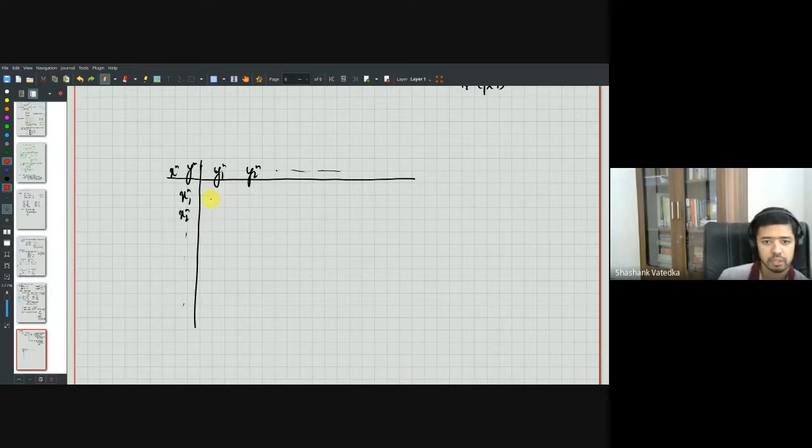So maybe red, blue is one pair of codewords. There could be other sequences which are mapped to red, blue. There could be some which are mapped to blue, blue. There are some which are red, red, and so on.